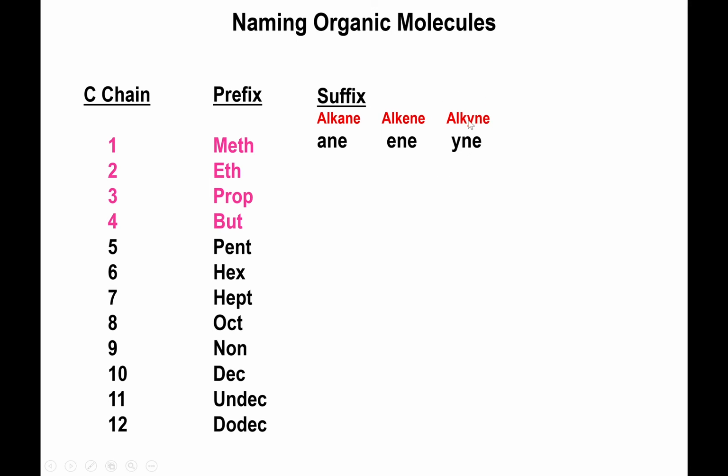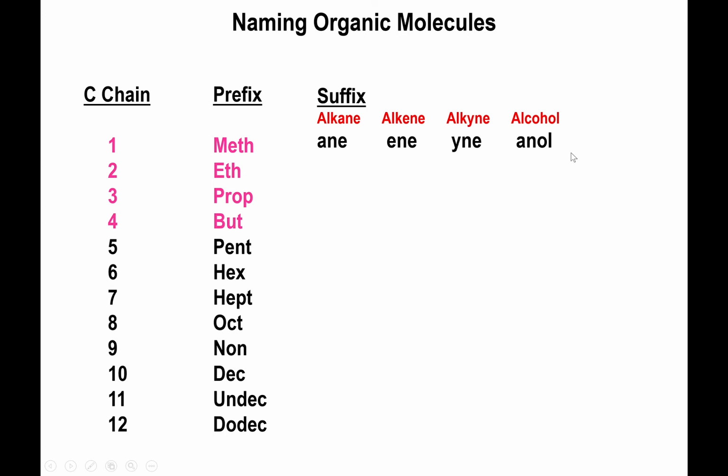Alkynes use the ending "yne" for the name. And once again, you need a carbon-carbon triple bond, so at the very least you need 2 carbons. So we're going to start with eth. So this could be ethyne, propyne, butyne, pentyne, etc., etc.